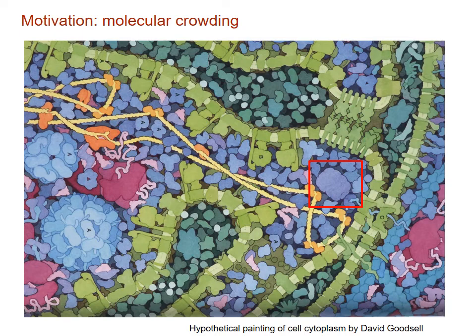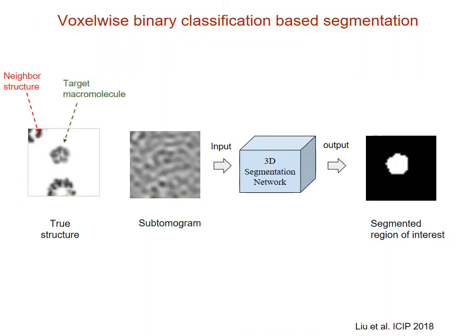And the existence of such neighbor structures may bias the recovery and classification of this macromolecular structure of interest. Therefore, we need to segment out the region occupied by this macromolecule of interest from this subtomogram.